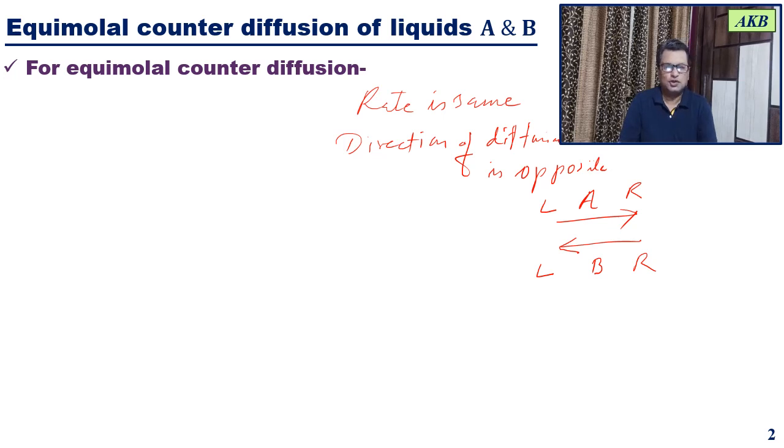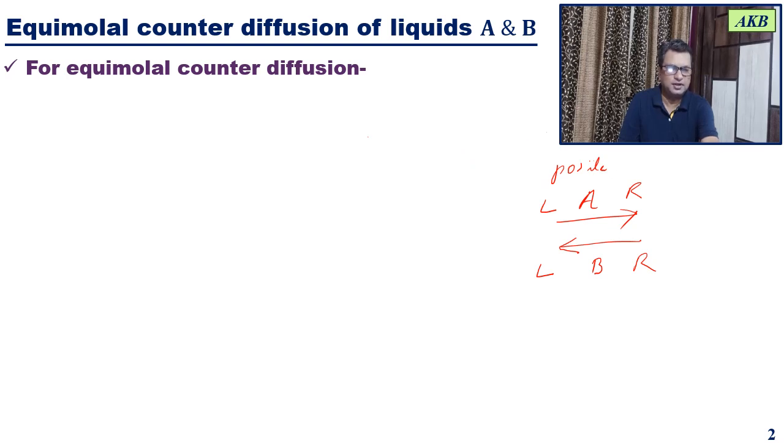So for equimolal counter diffusion, the rate of diffusion is the same, but the direction of diffusion is opposite. This is how you can represent it pictorially. Okay, so let us continue. Let me first erase this.